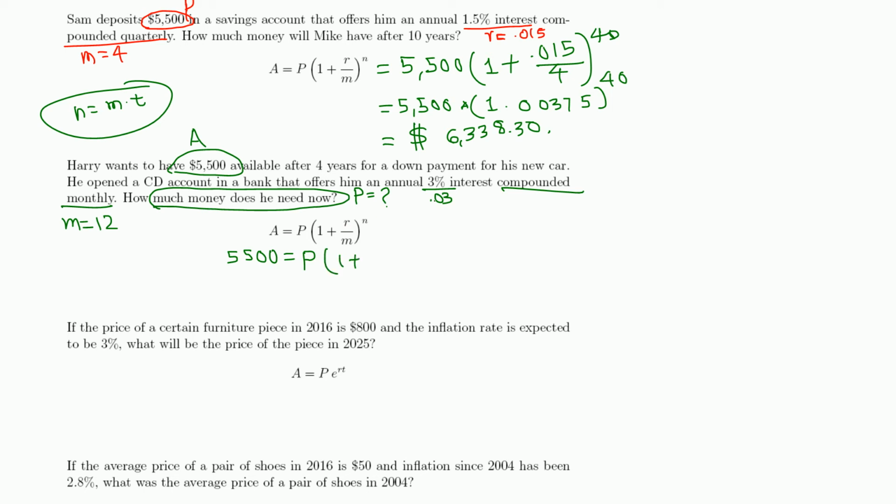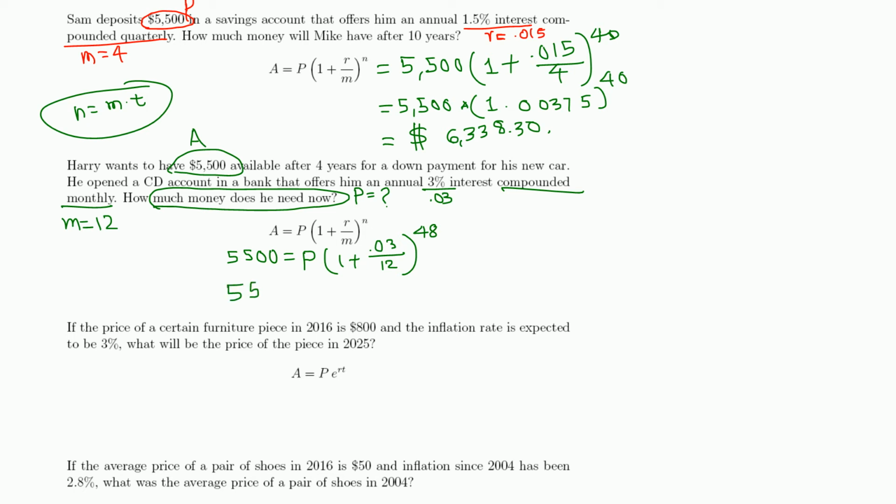1 plus R, the rate is 3%, 0.03, divided by M, which is 12, and 4 years, so 4 times 12. So in 4 years, 4 times 12, 48 months. Now work inside the parenthesis, then raise to 48 in your calculator.